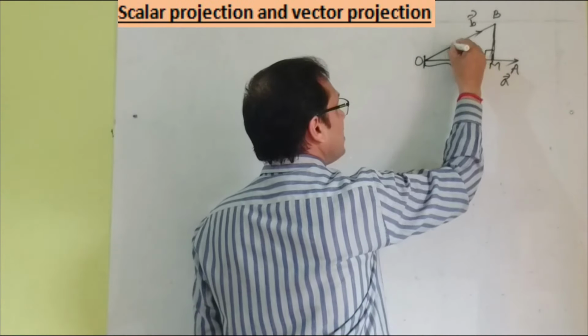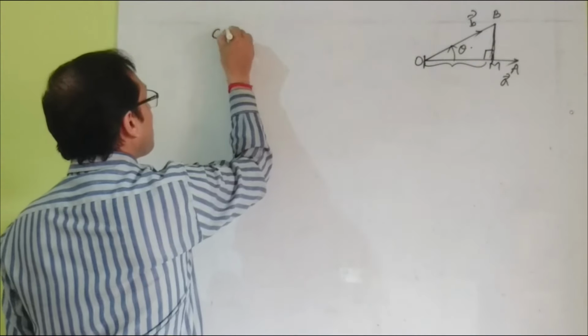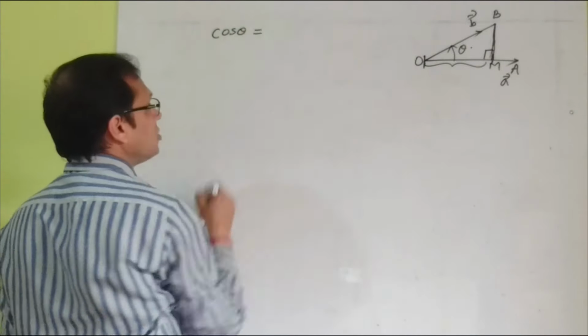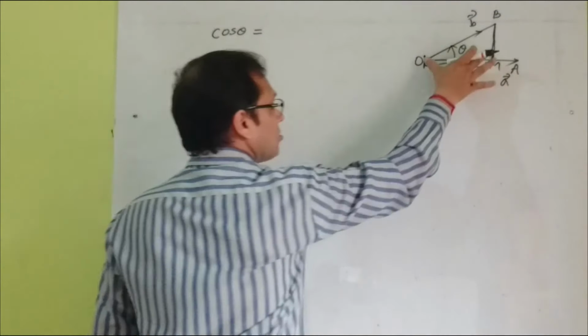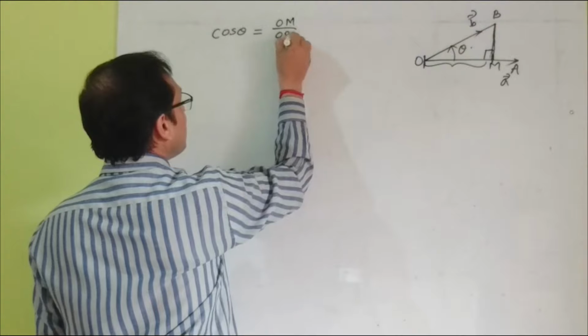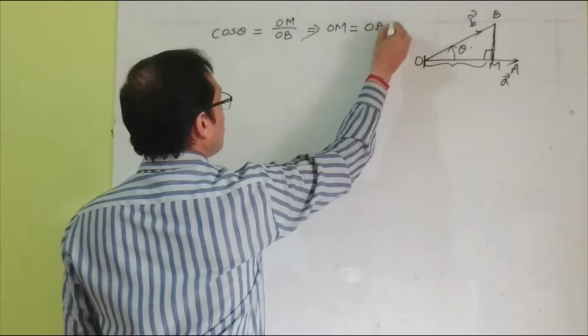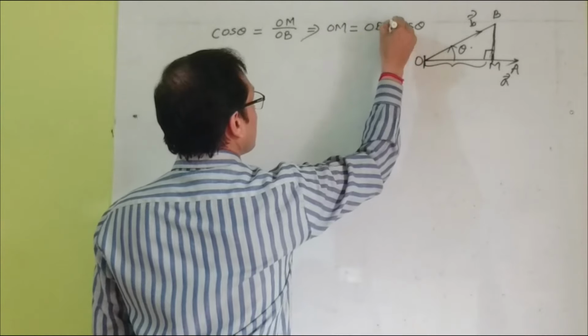If this angle is theta, then we can write cos theta is equal to base by hypotenuse, that is OM by OB. In other words, OM is equal to OB cos theta.